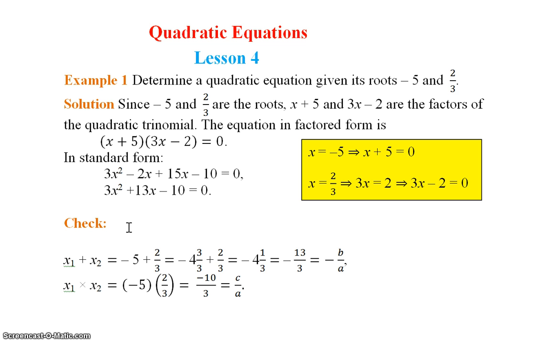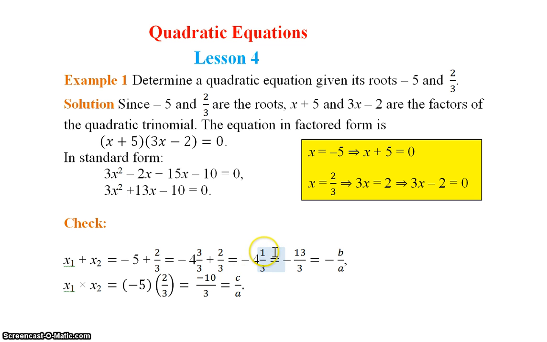We can check our solution using Vieta's formulas. The sum of the roots x1 plus x2 equals -5 plus 2/3. Instead of minus 5 we can substitute -4 and 3/3, and plus 2/3 is -4 and 1/3.